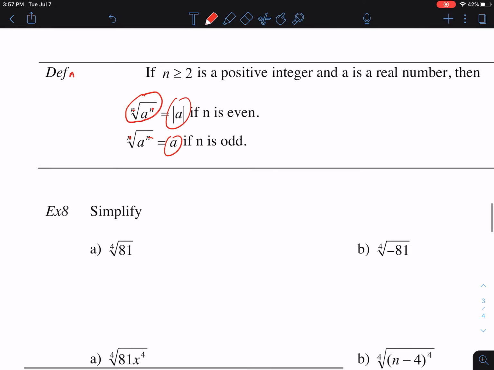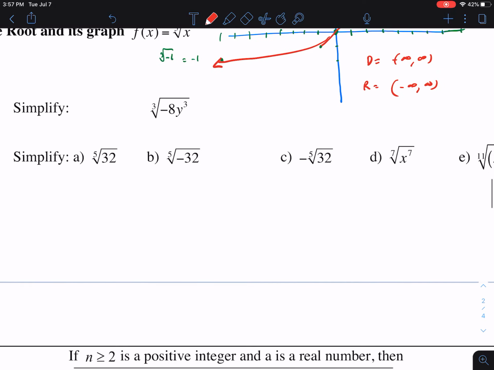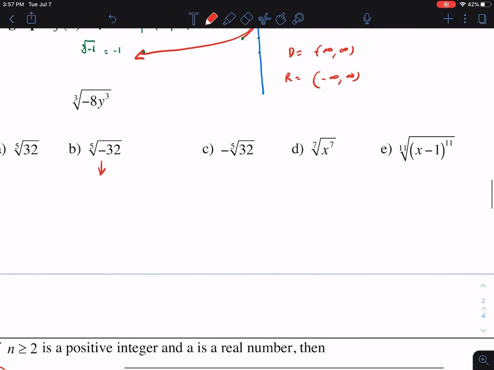Let me give you an example here. Something like this, right? We can have a negative in the radical. If I want to use the result, I can just rewrite this as negative 2 to the 5th power. So that's going to be negative 2, because negative 2 times itself 5 times is negative 32.